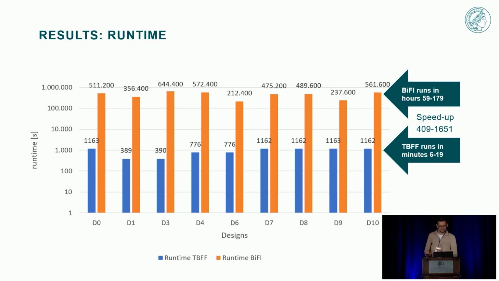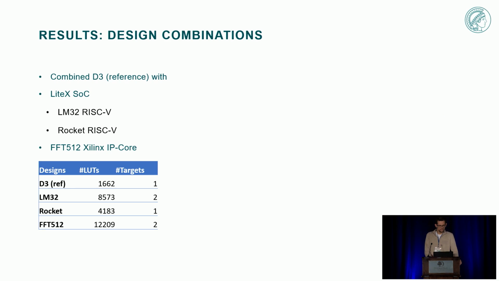And here's a small side note. Again, 2 designs didn't work well, again, as our algorithms didn't find this single lookup table to attack. But of course, this is interesting for future work to see if there are different methods to find these vulnerable LUTs. As well, we tried to combine these with some other designs, combined a reference design D3 with some other cores.